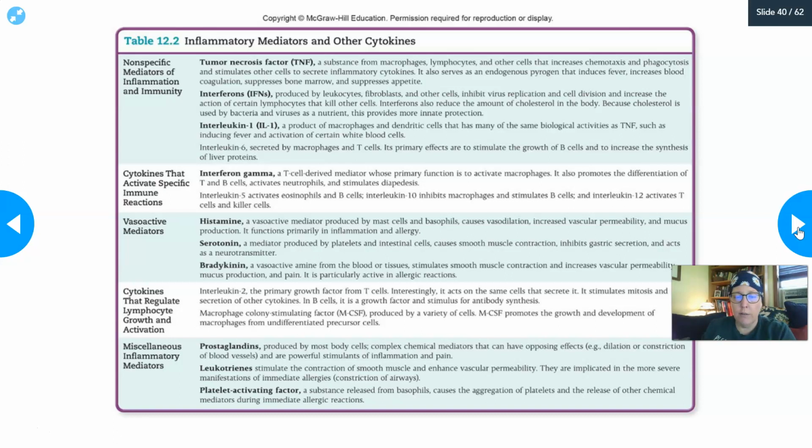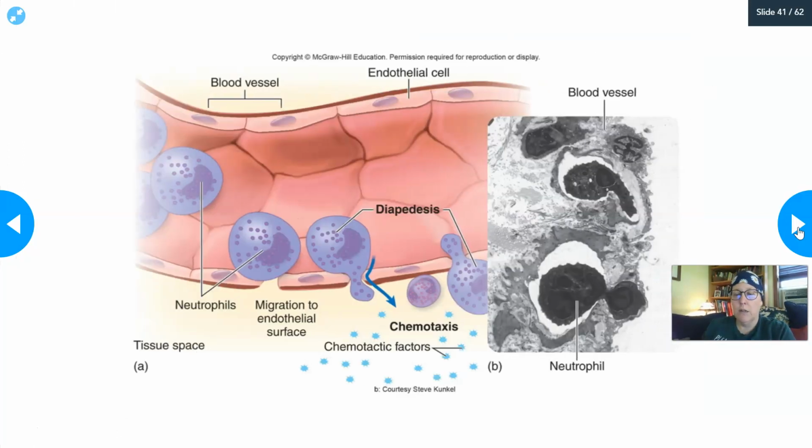Leukotrienes can stimulate the contraction of smooth muscle and enhance vascular permeability also. They are responsible for constriction of airways and allergy reactions. And then your platelet activating factors are released from basophils and cause aggregation of platelets and clotting. So these are all of those.